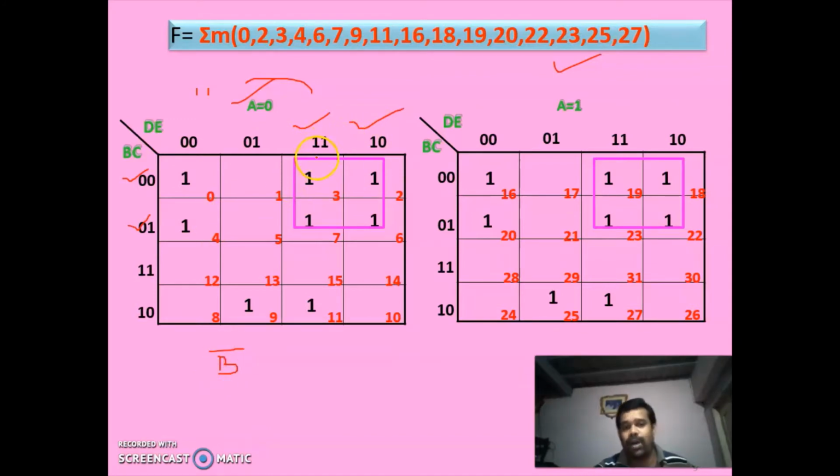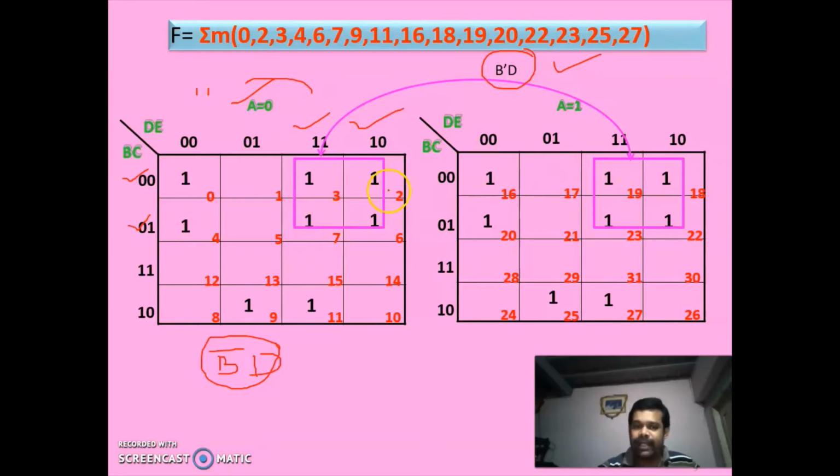In these 2 columns, the value of D is not changing, so you are having D. For this group, you are getting the expression as B bar D. Since it is present in both maps, no need to consider this A. Why? Because even if you are writing it individually, what will you be getting?